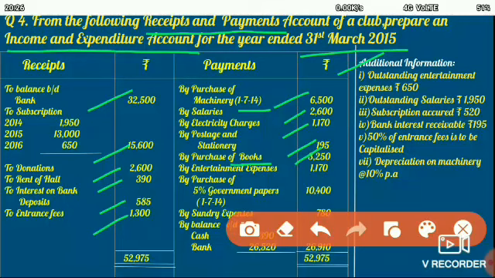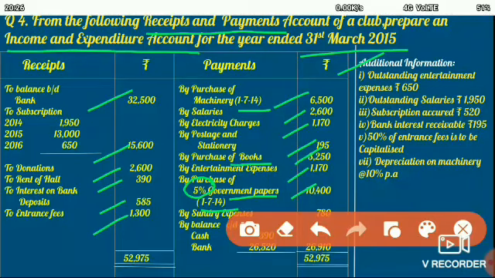The organization paid entertainment expenses of rupees 1,170 in cash. The organization made an investment in government papers during the year worth rupees 10,400, and the investment carried an interest rate of 5%, and the investment was made in the same year on the 1st of July 2014.